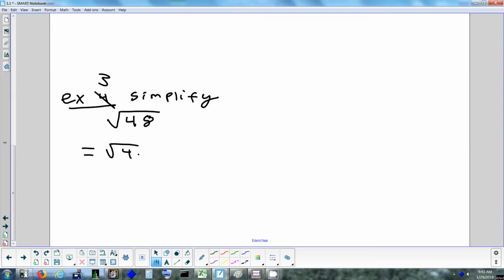You could do 4 times 12, and then you've taken out square root of 4, which turns into 2. But look at 12. Now we can do 12, because that's going to simplify more. How can you rewrite 12 as a product? And one of the things we'll take the square root of nicely.